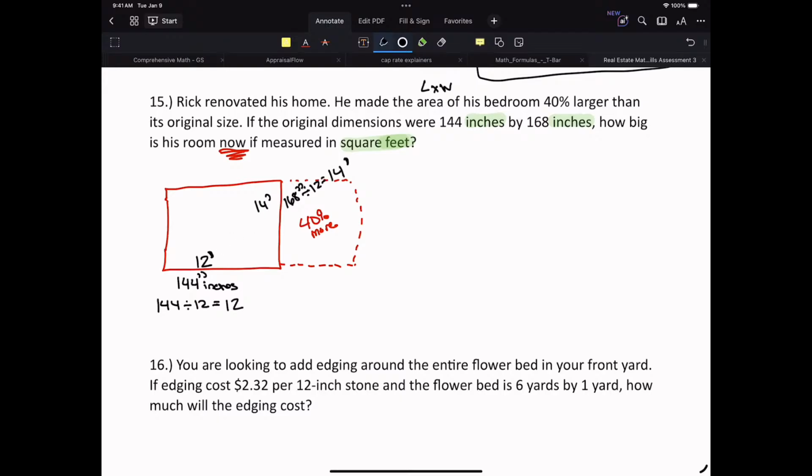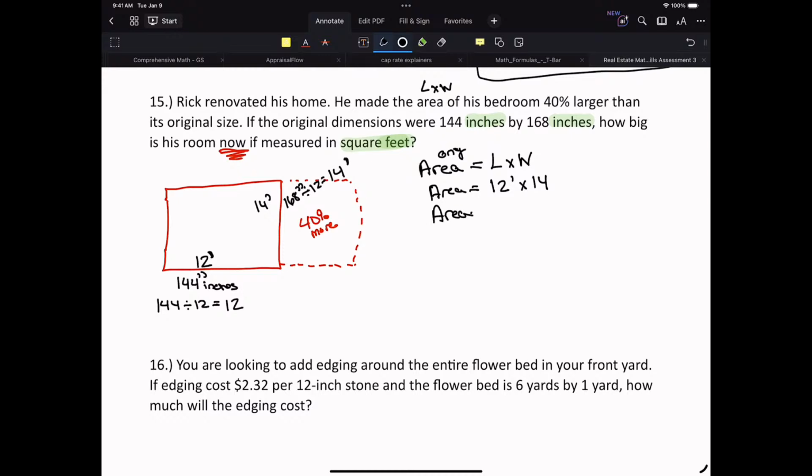Well, we know area, the total square feet of this would be area equals length times width. And so the original area of this thing is 12 feet by 14 feet. Doesn't matter which order you put it in.